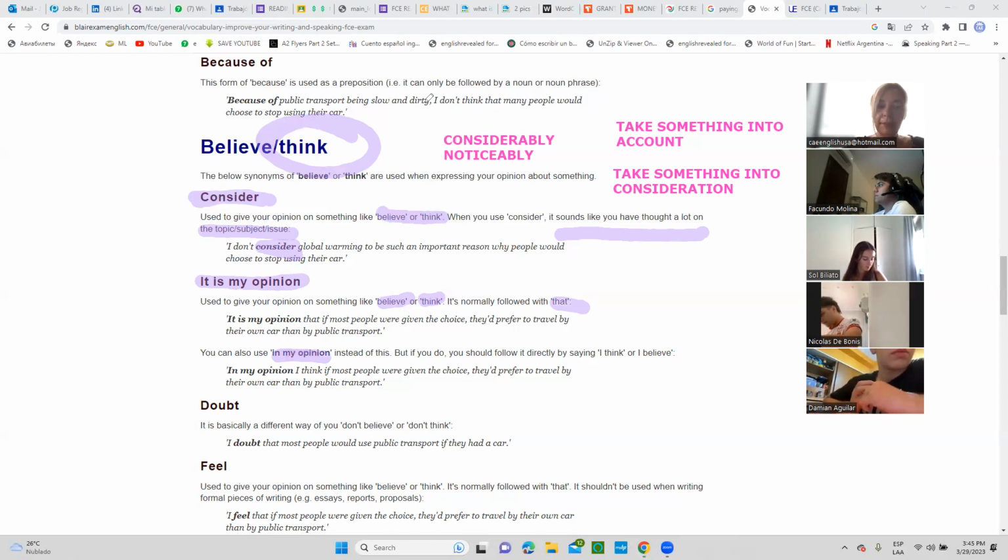Be careful. If you use in my opinion, you should follow it directly by saying I think or I believe. Try to use I believe. In my opinion, I believe if most people were given the choice, they would prefer to travel by their own car than by public transport. So in my opinion, I believe is better than I think.